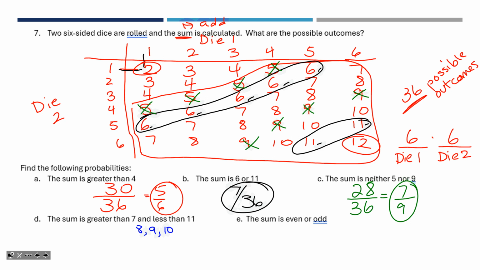So I need to think about how many 8s, 9s, or 10s there are. So I'm going to count them. 1, 2, 3, 4, 5, 6, 7, 8, 9, 10, 11, 12. So there's 12 out of 36. And if I reduce that, 12 goes into both 12 and 36, right? So 1/3.